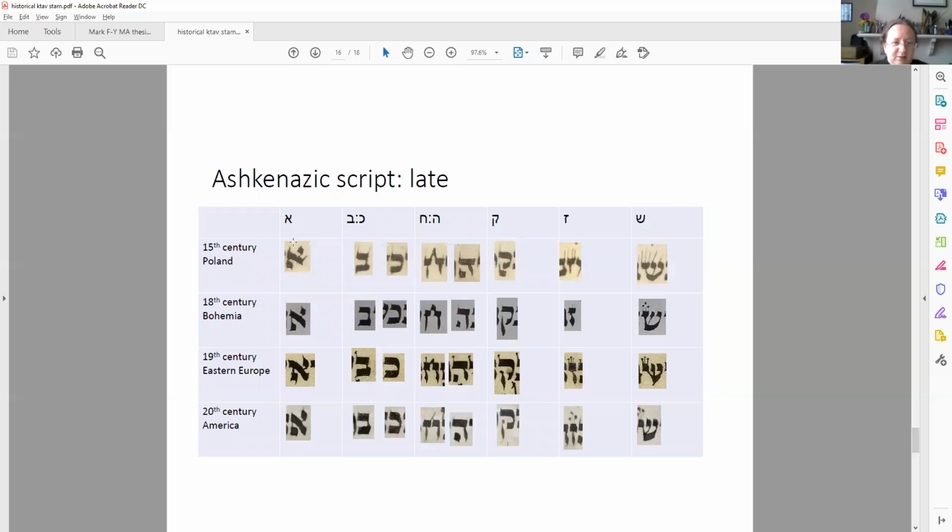So let's compare here. We've got the 15th century Polish script for comparison again. And now down here in Bohemia, we've got some things that still feel a little bit Sephardic. We remember that with the Sephardic Aleph, the left leg was like a knee bending forward with toes.